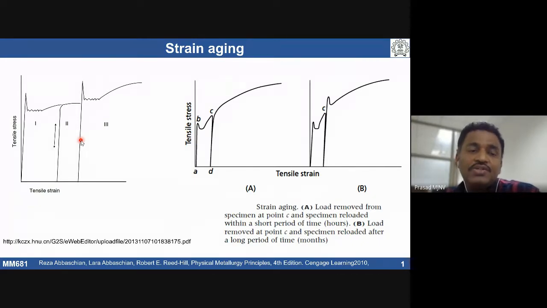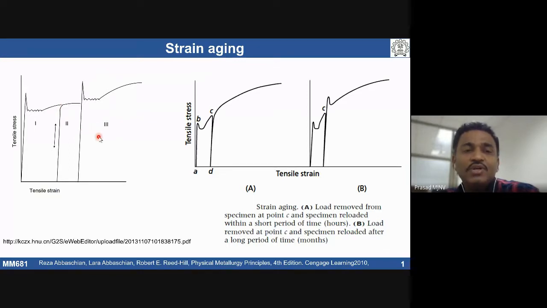Strain aging basically indicates an increase in stress and reappearance of the yield point phenomenon when you hold the material after some amount of deformation.